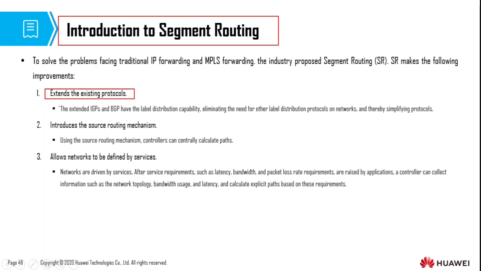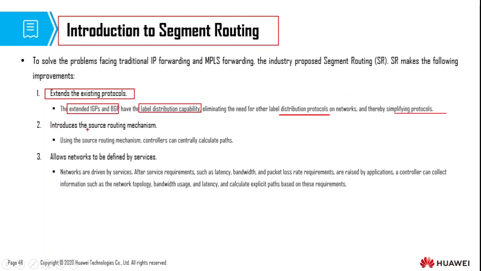It extends some IGPs like OSPF and BGP and enables them to do label distribution. So instead of coming with its own LDP packets, it uses the IGPs to do label distribution, eliminating the need for LDP protocols on the networks, thereby simplifying the protocols.